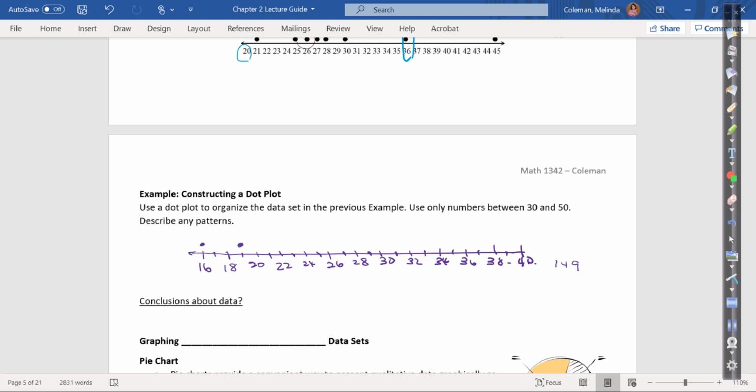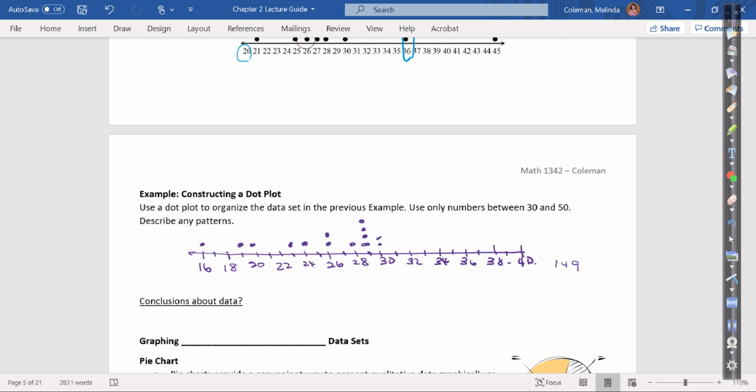Then I have 20. Then I have 23, 24, 26 twice, so I'm going to put 2 dots. 28. 29 is 4 times. 30 is 2.